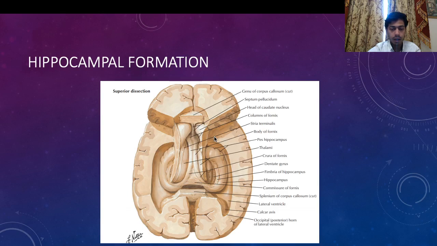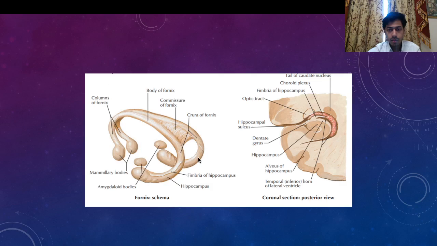And then obviously we have the thalamus here, and these horns and the fornixes are all lateral to the thalamus, which is very central. Yeah, this is a better image, I think.